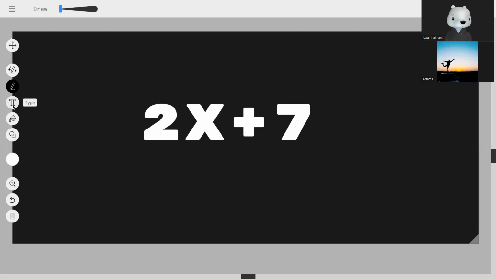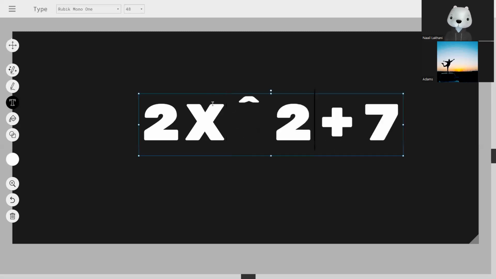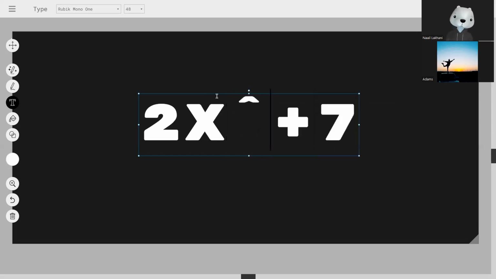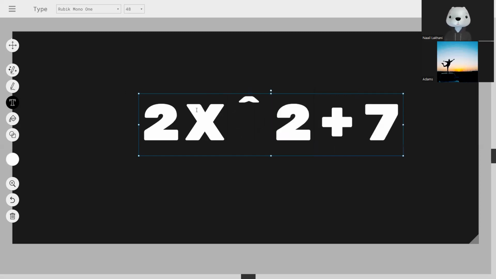Now let me try with another one. What if it's 2x squared? In mathematics, you can write squared either as a superscript on top, or you do something like this: if you press shift and 6, it gives you the caret sign. It's called a caret symbol, and it's used for exponents.